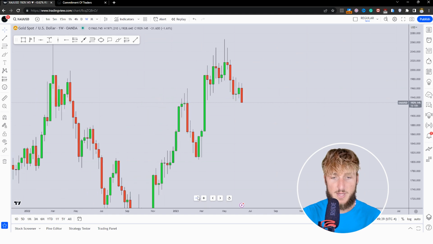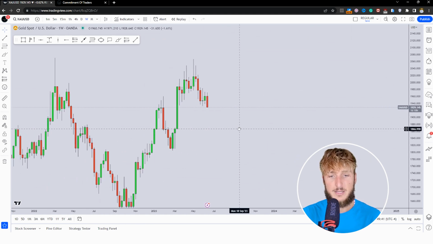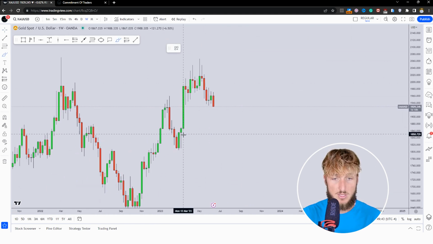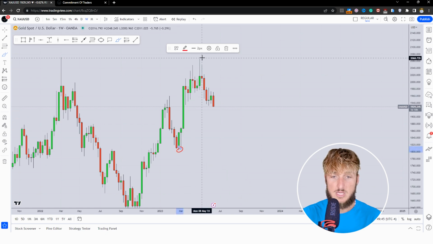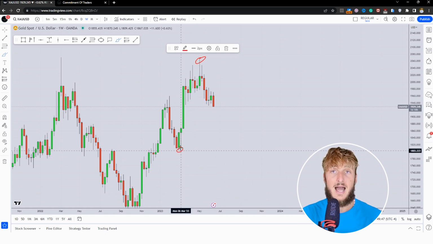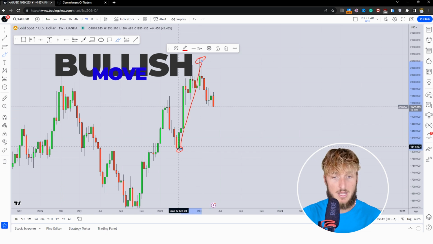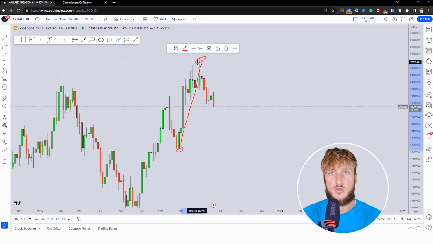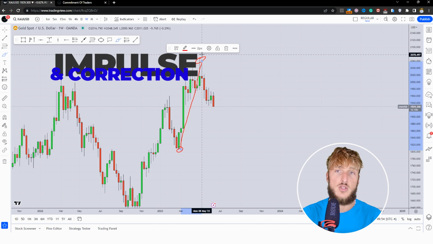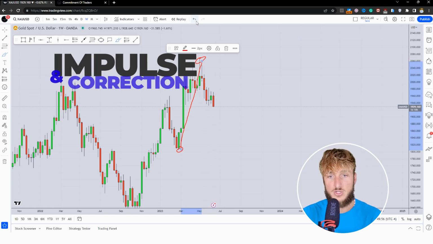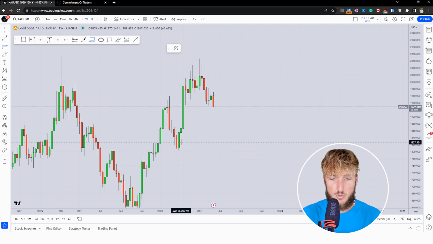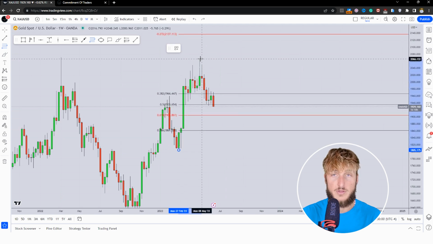Now, from a weekly perspective, if we follow the large pattern that the market has created here, we can see that from this low to this high, we can consider this a bullish move in the market. If we have a move like this, which could be considered a full impulse, and you want to measure the correction, what you have to do is take your Fibonacci from the low to the high of the impulse leg.